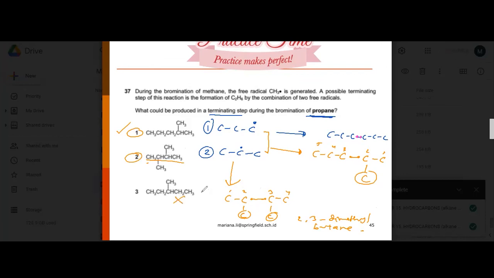This is impossible, because we already see that the possibility is only 1 and 1, 1 and 2, or 2 and 2. They will not produce compound number 3. So the correct answer for this is B. 1 and 2 are correct.